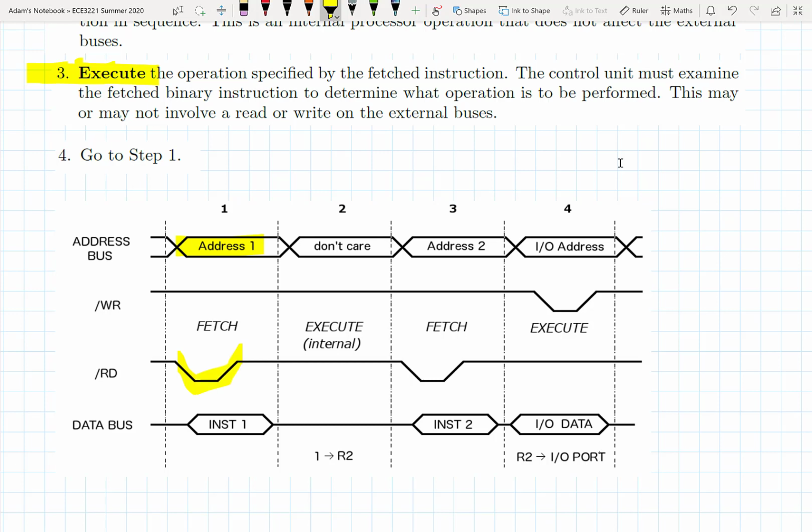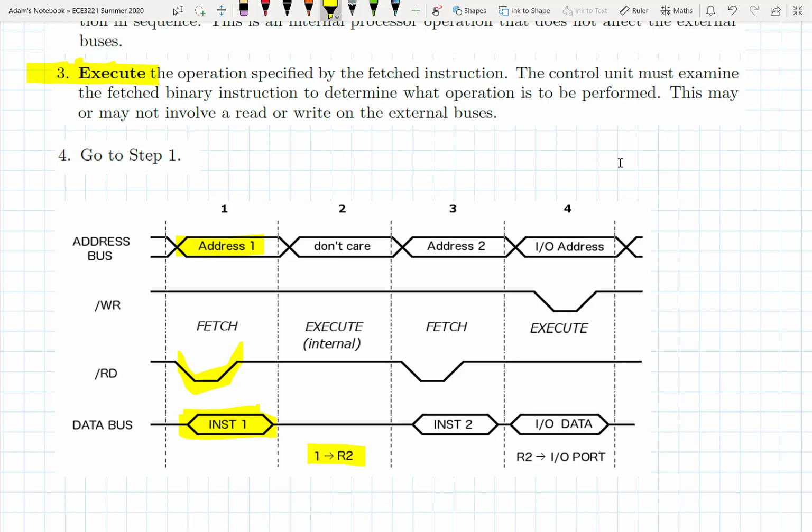Because it's a fetch, it's going to involve doing a read, and the data bus will be reading a value from memory that contains that instruction. So that is simply the fetch part of the cycle.